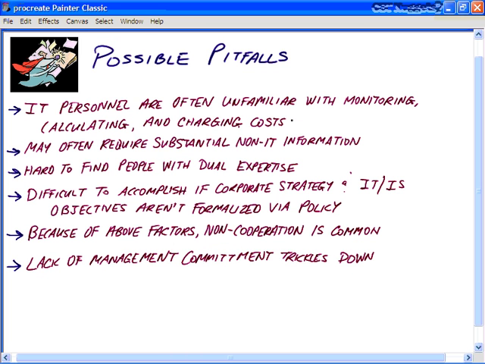As we finish up this nugget movie, let's talk about some of the possible pitfalls of IT service financial management. The first one is the concept that I alluded to earlier in this nugget movie, and that is the fact that on a large scale, IT personnel are typically not very familiar with the process of monitoring, calculating, and charging costs for IT services.